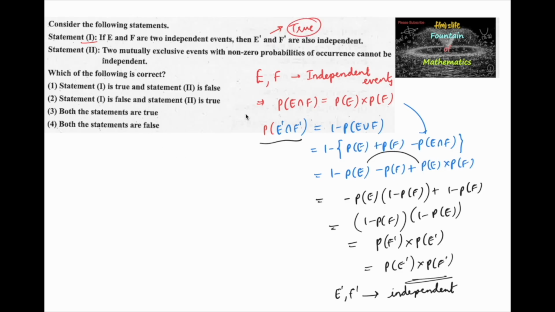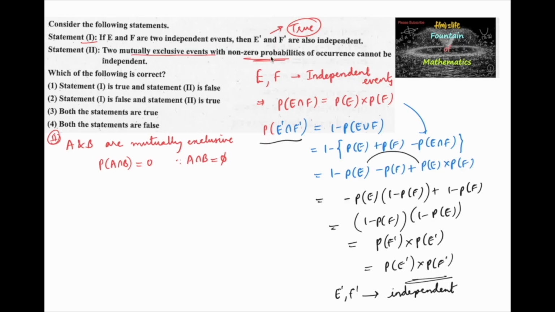And coming to the second statement, two mutually exclusive events. Let us consider A and B are mutually exclusive events, which implies that P of A intersection B is equal to 0, since A intersection B is empty.